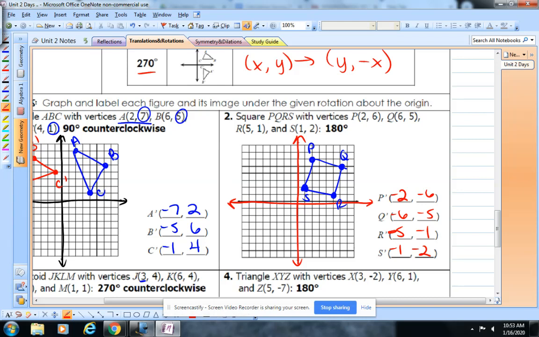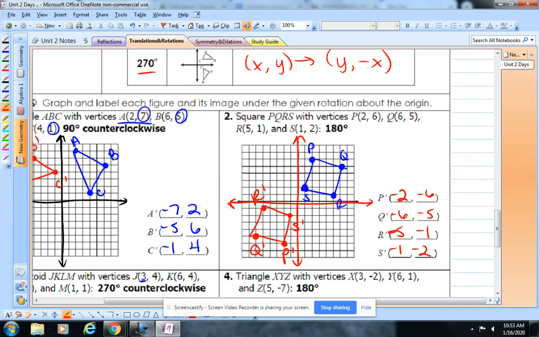So left 2, down 6, it's P prime. Q prime. R prime. S prime. That's it.